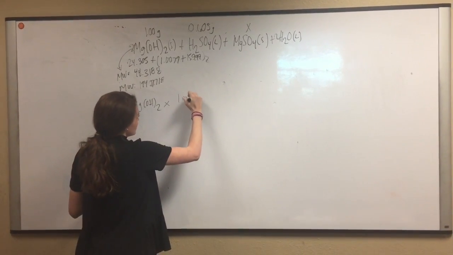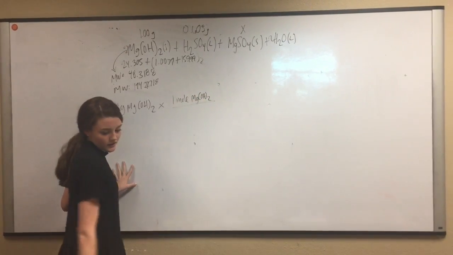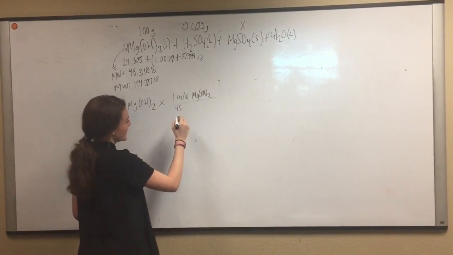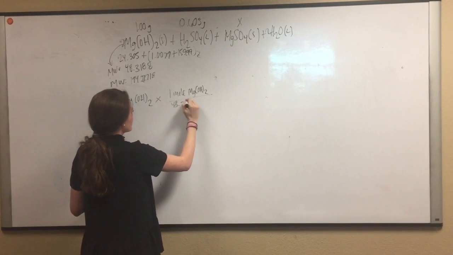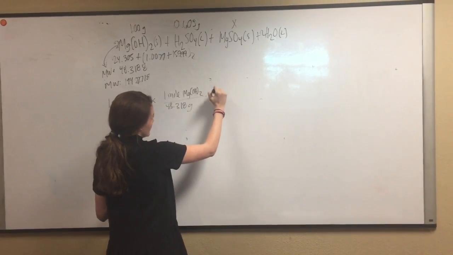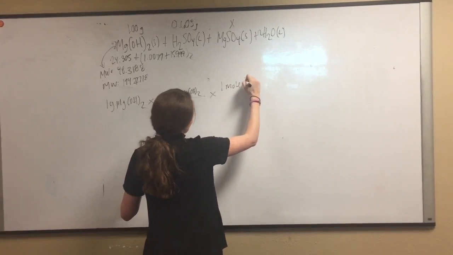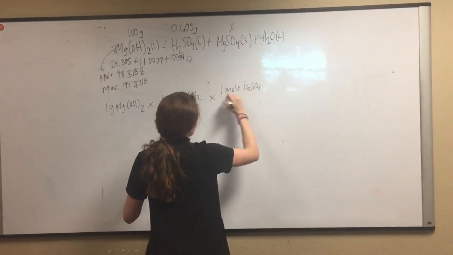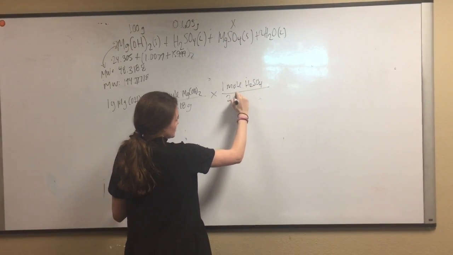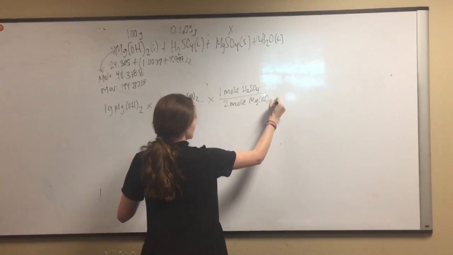So we have 1 mole of MgOH2, and that is 48.318 grams. Then you'll multiply that by 1 mole of H2SO4, which equals 2 moles of our MgOH2.